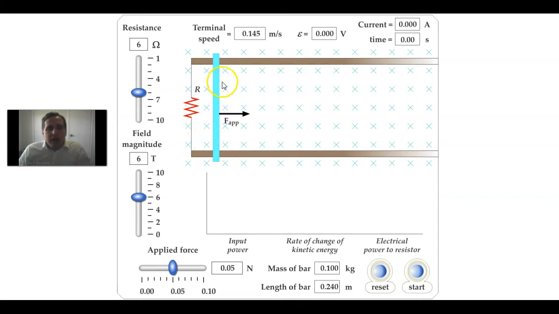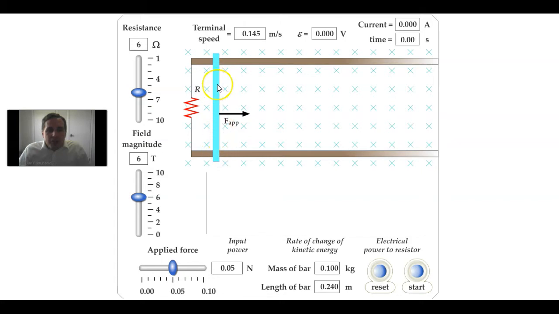In other words, as the areal extent, that is the size of the area in the circuit, increases, we have greater magnetic flux that's into the page. We're going to have current generated by the bar and by this circuit that tends to resist that change.